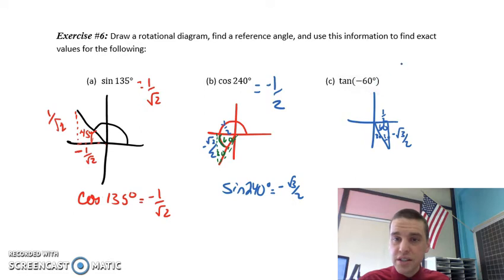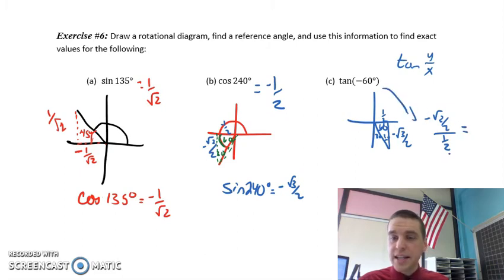And tangent, we know that tangent is y over x, and therefore y, negative square root of 3 over 2, over x, 1/2. That's what this is equal to. Same denominators, therefore we're just looking at negative square root of 3 over 1. Which is just negative square root of 3.